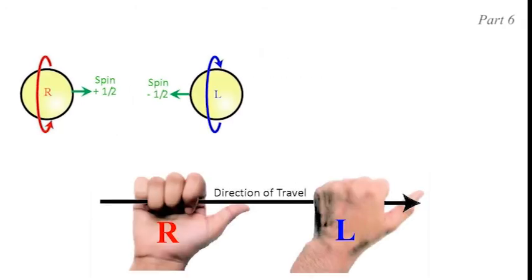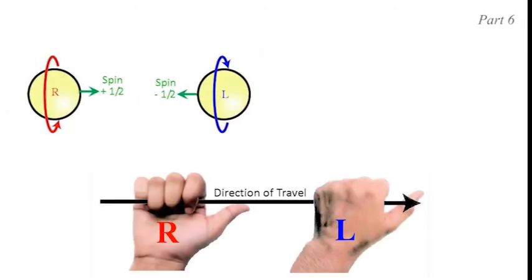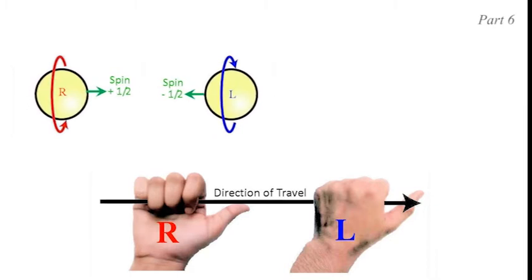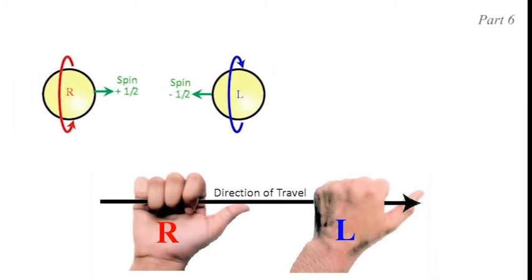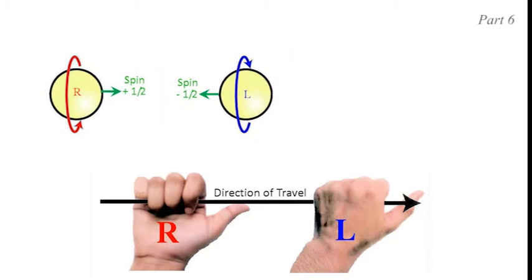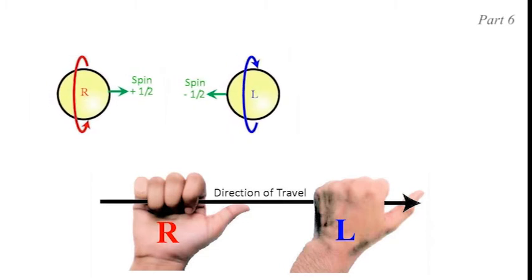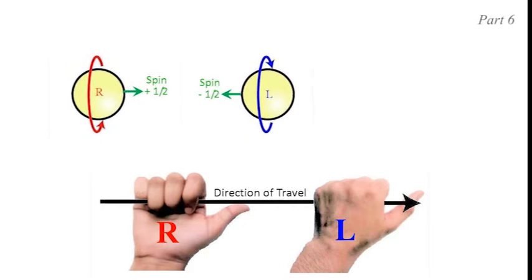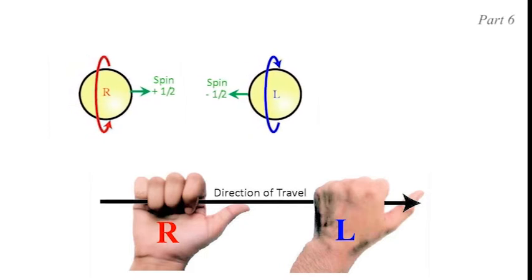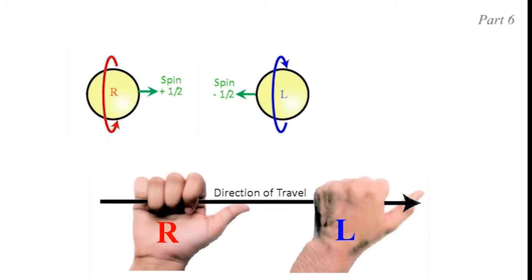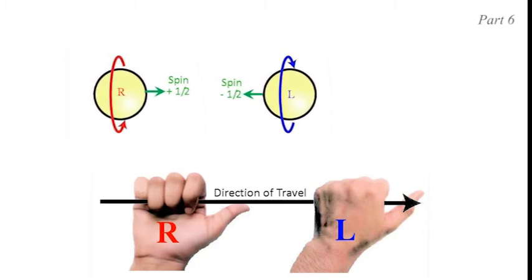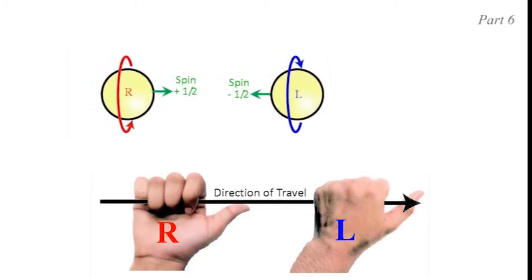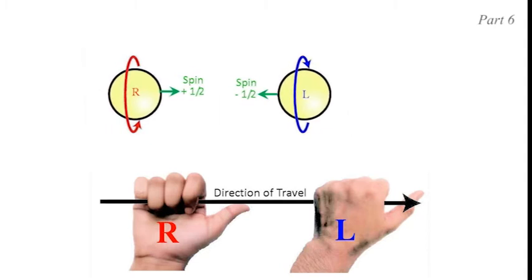Here's a simplified illustration of two particle-like fermions travelling from left to right. You can see that they are spinning in opposite directions as they travel to the right. We say that one is right-handed because if you grip the directional arrow with your right hand so that your thumb points in the direction it's travelling, your fingers will point around in the direction of the spin.